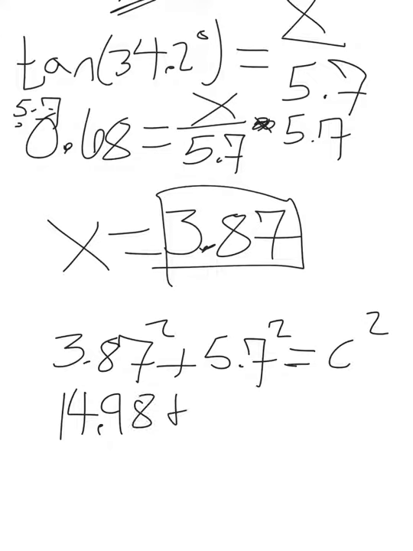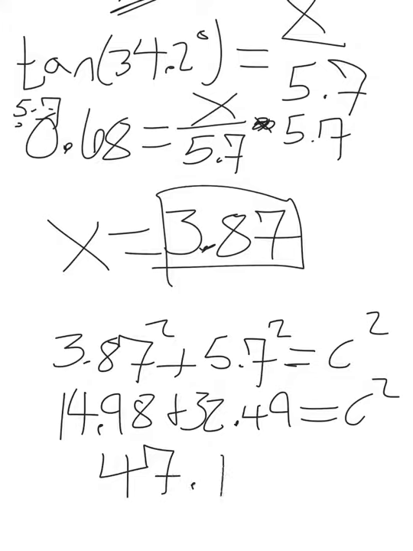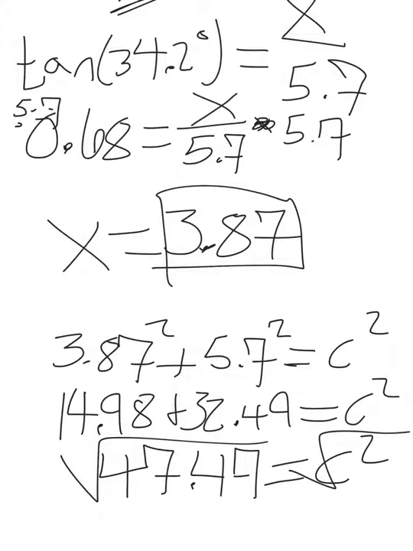When we square 5.7, we should get about 32.49. Add those two together, and we'll get 47.47. And then last but not least, we just take the square root of each side, and we'll get about 6.9. And that'll be our hypotenuse.